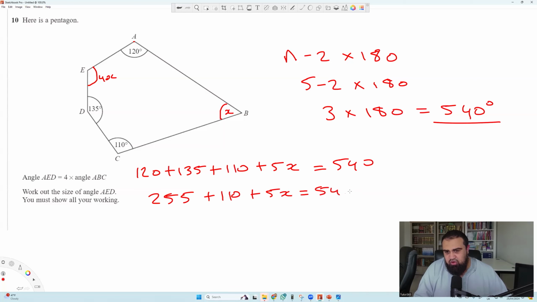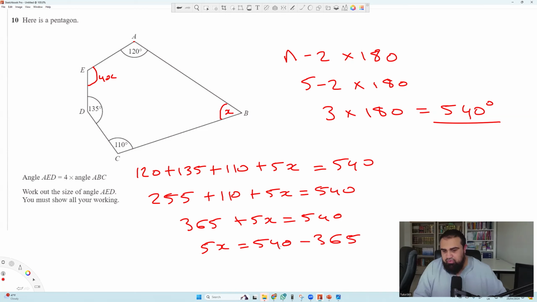Sorry, I'm doing this in a bit of a long way. I just don't want to make a mistake. So this gives you 365 plus 5x equals 540. And then 5x equals 540 minus 365. And that should be 5x equals 175, if I haven't made a mistake there.